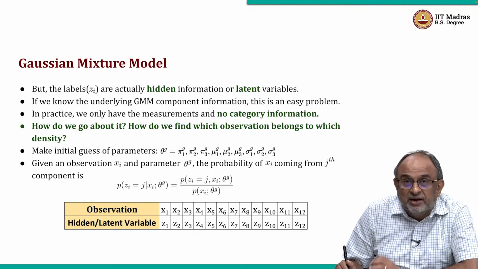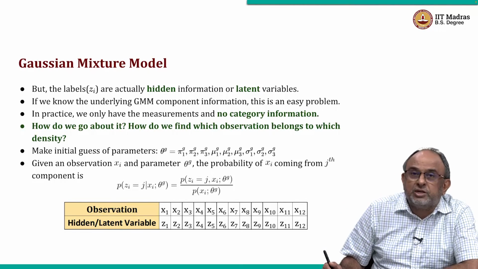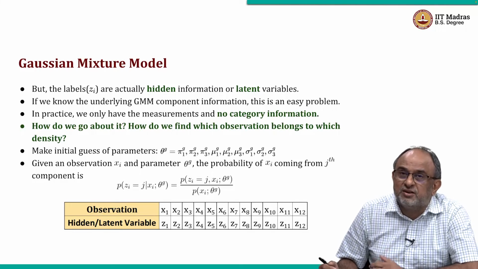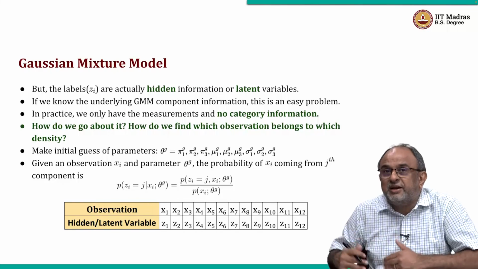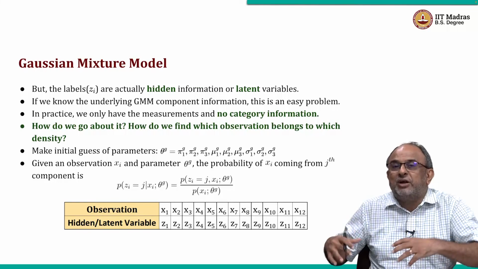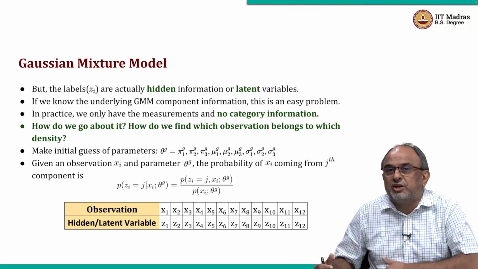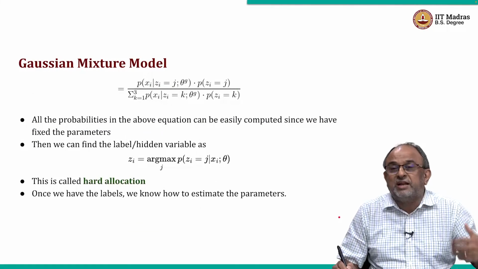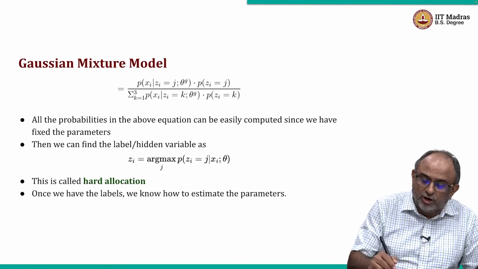This hidden part is also sometimes called latent information, which is not available, and you try to predict it with some initial guess, to get the class assignment, or where the hidden part belongs. With that, we again update the parameters, again we try to find a better fit of the data to the estimates, and we keep repeating. So this is what we call an iterative algorithm, and in this case I'm doing something called hard allocation.